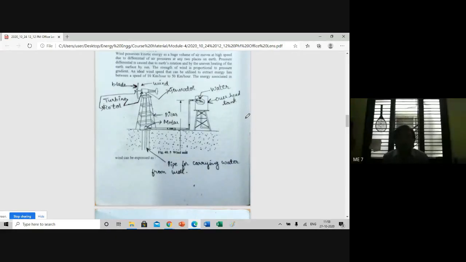The application may be different: over a tank, or lifting the water, or simply generating electricity and supplying the electricity to neighboring consumers or neighboring places where electricity is consumed.